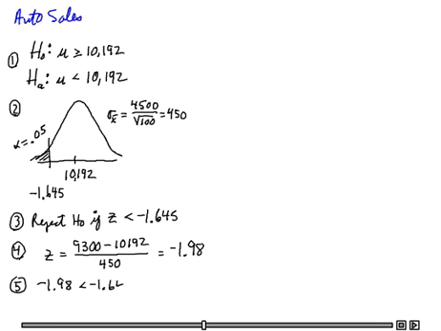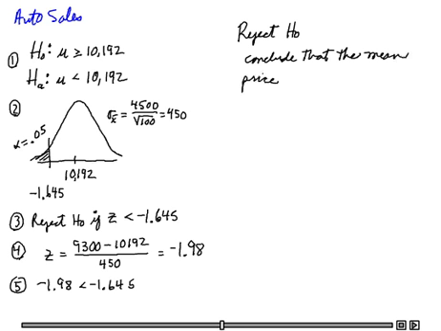And therefore, I'm far enough away from the claimed 10,192 that I'm willing to take the risk and reject H sub 0 and conclude that the mean price for used cars is less than the $10,192.